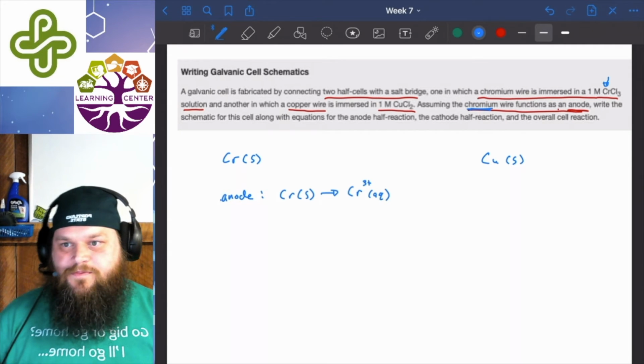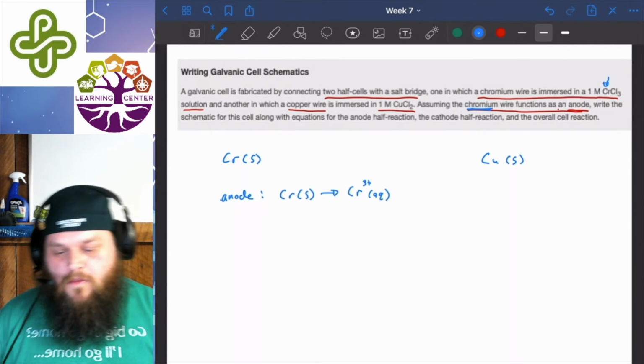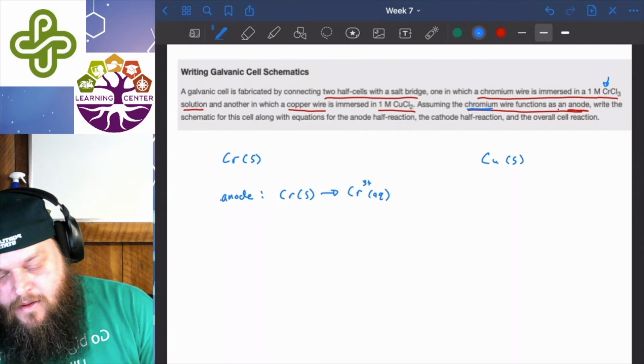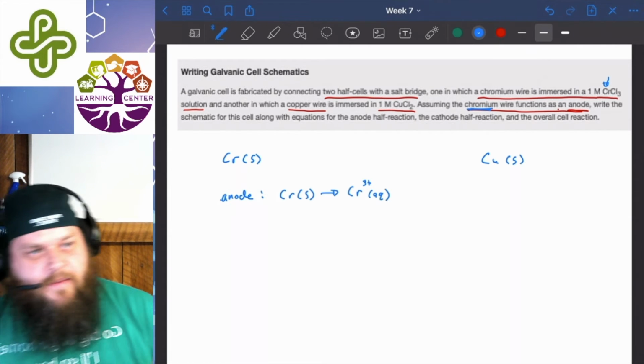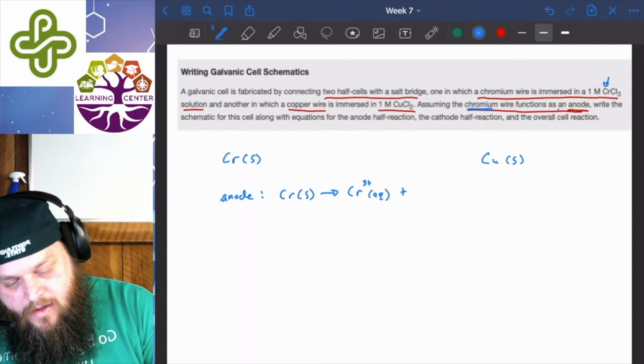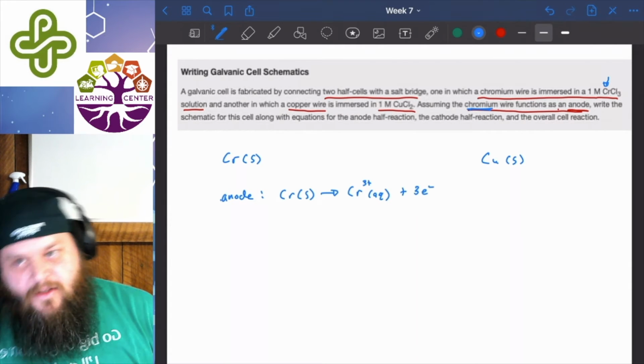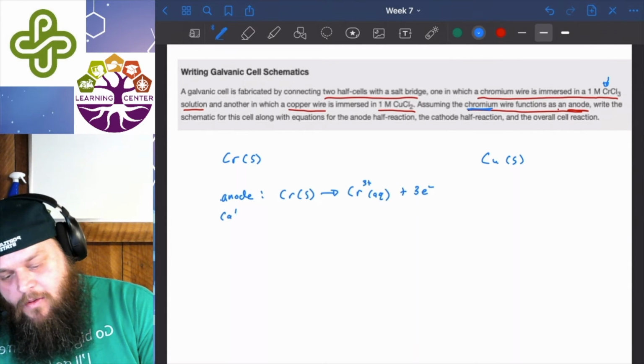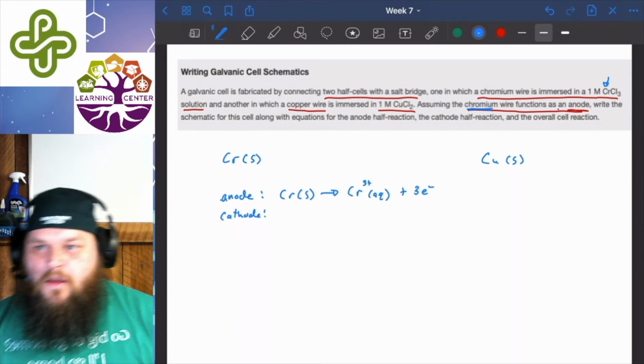Aqueous. We know that. And then, because of that 3+ to balance the electrons, we can add 3 negatively charged electrons. We know the cathode, in this case, is going to be the copper 2+.